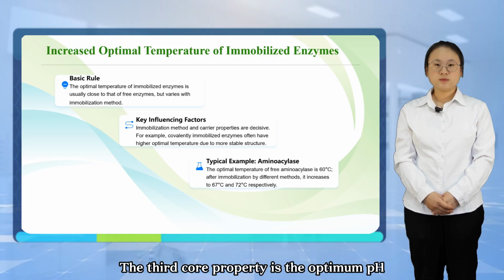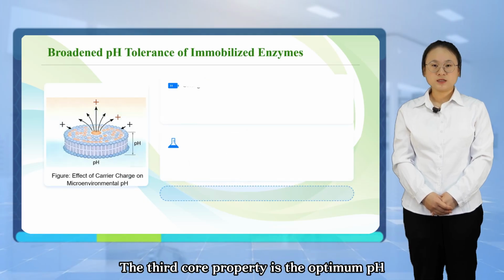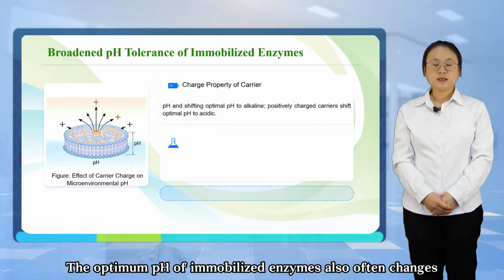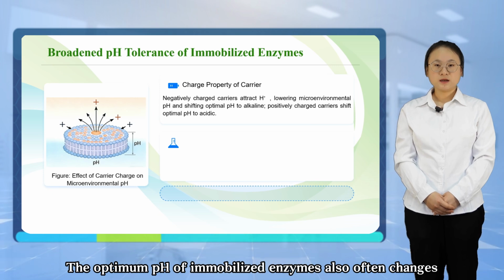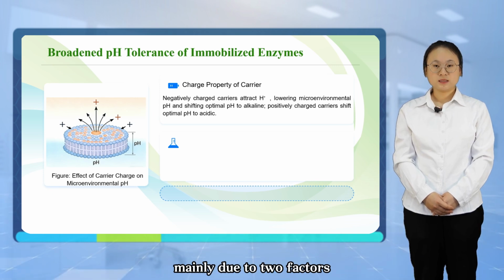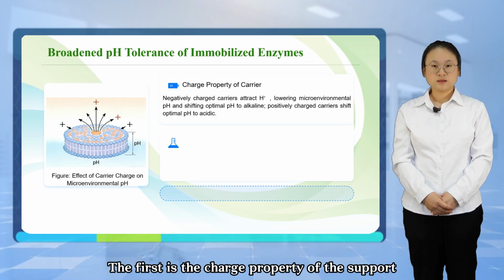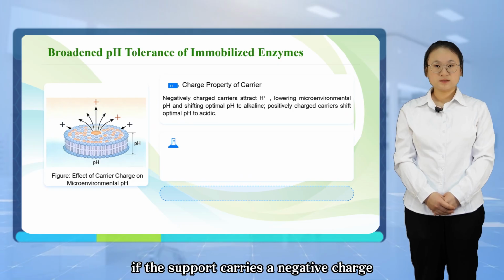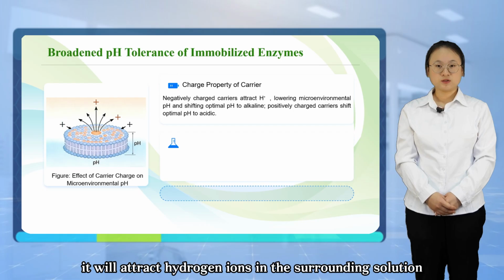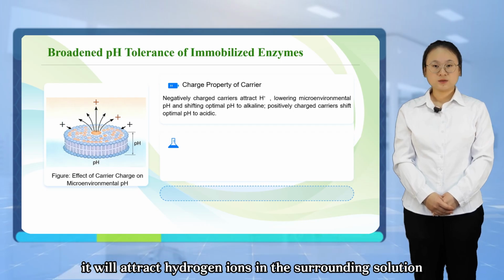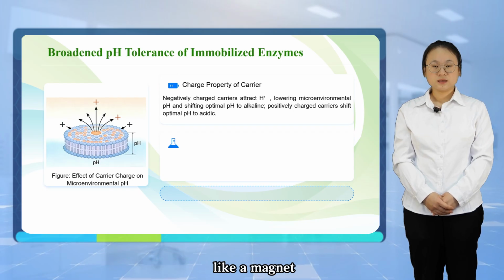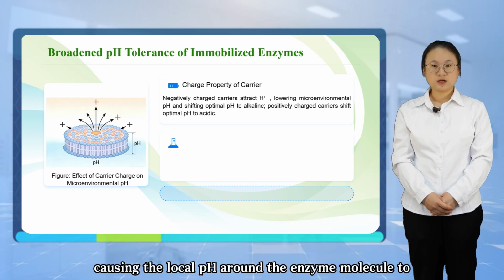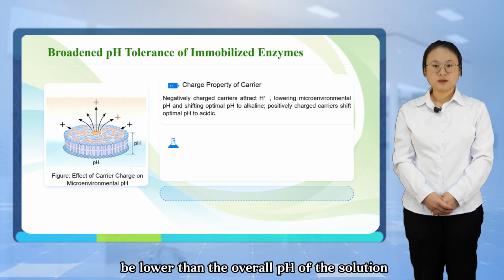The third core property is the optimum pH. The optimum pH of immobilized enzymes also often changes, mainly due to two factors. The first is the charge property of the support. Look at this diagram. If the support carries a negative charge, it will attract hydrogen ions in the surrounding solution like a magnet, causing the local pH around the enzyme molecule to be lower than the overall pH of the solution.